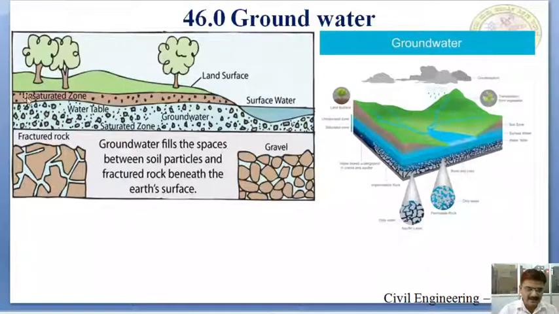We have an unsaturated zone at the top and below it there is a water table. This water table is where groundwater is available. This is the saturated zone. Rocks are there where groundwater fills the spaces between the soil particles and the fractured rock beneath the earth surface, and this is the surface where groundwater is generated.